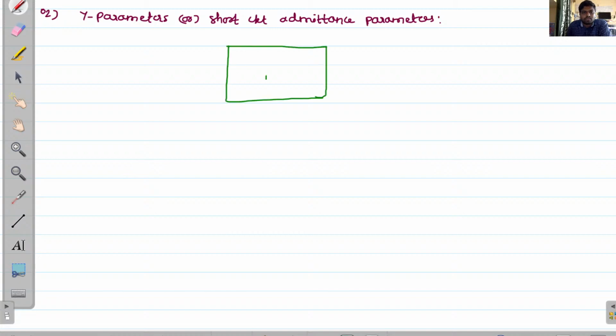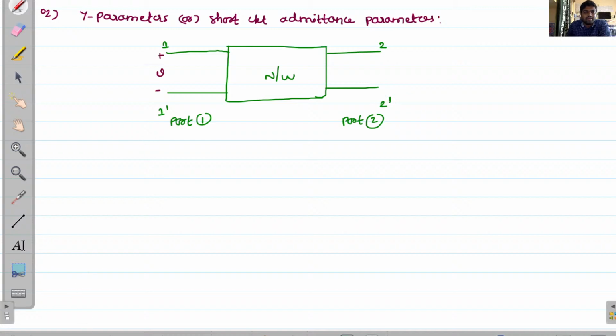This is port 1, and this is port 2. Here we have the 1 and 1 dash terminals, and the 2 and 2 dash terminals, and here we have the variables V1 and I1, and here the variables are V2 and I2. So in port 1, V1 and I1 are the variables, and for port 2, V2 and I2 are the variables.